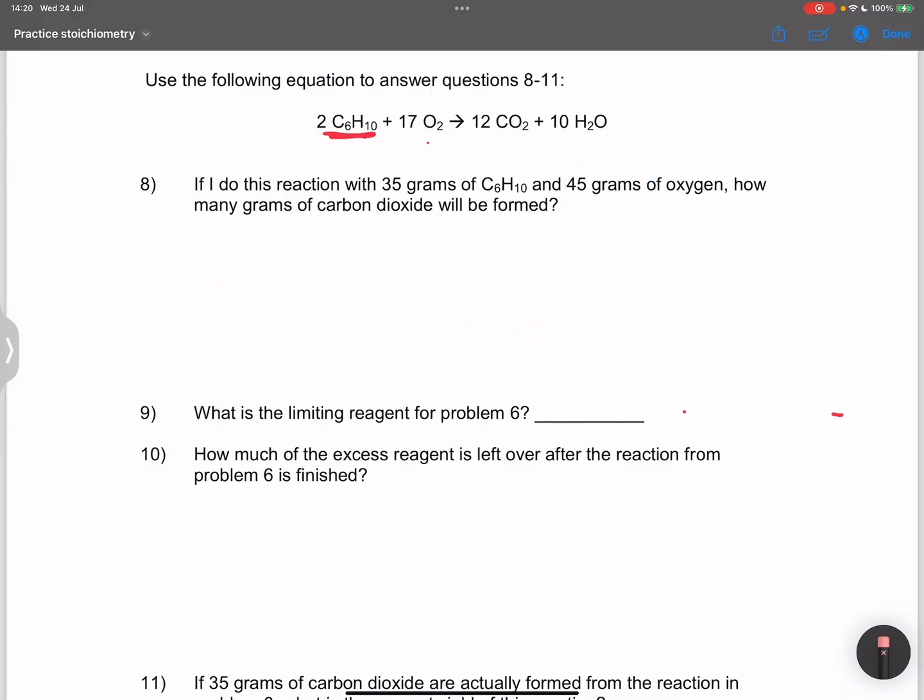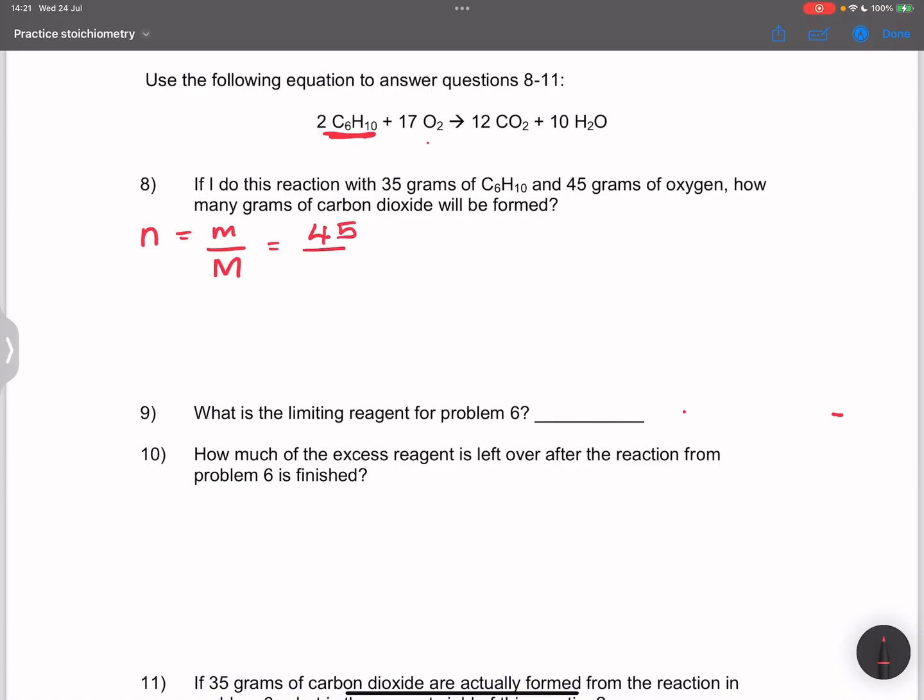They wanted us to find out how many grams of carbon dioxide will be formed. We just found out that the number of moles of oxygen, we actually calculated that. We said that was 45. Remember how we got to that?